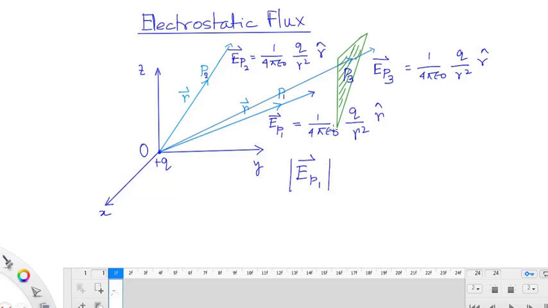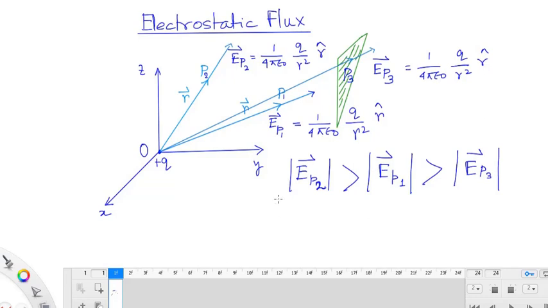EP1 is at the middle, so rather this will be EP2. The magnitude of EP2 is greater than the magnitude of EP1, which is greater than the magnitude of EP3.